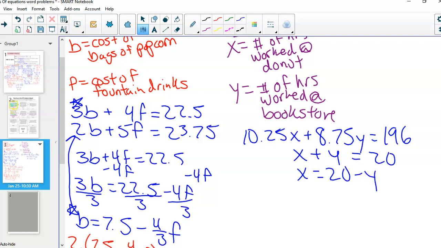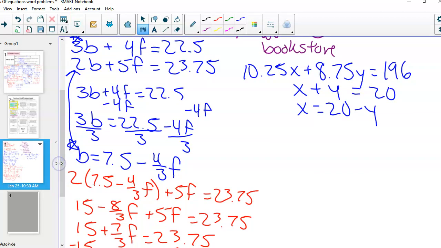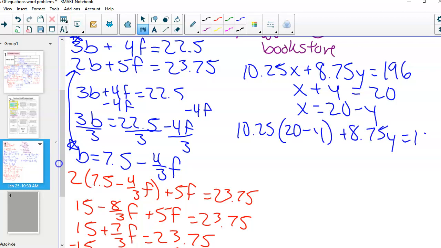What are we going to do with it? Substitute it into the first equation, where the X is. So 10.25 times whatever X was, 20 minus Y, plus 8.75Y equals 196.